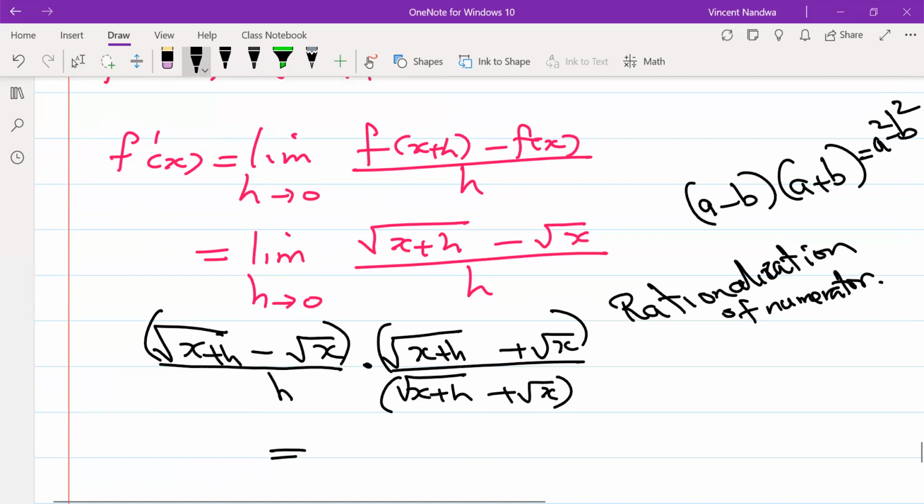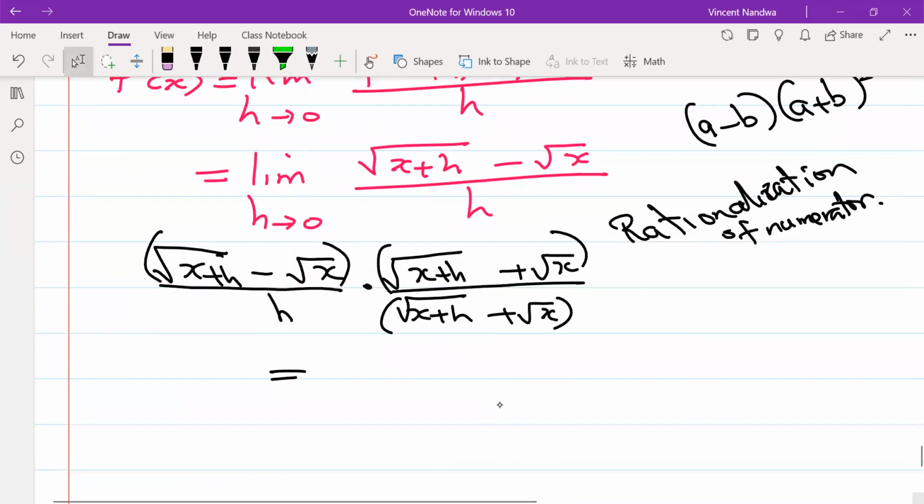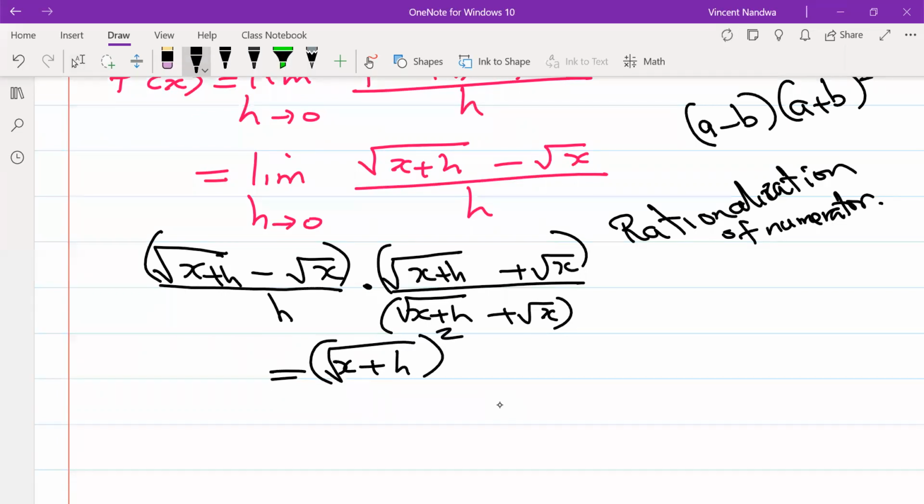So if you have to put a square, we put a square root. Okay, so let's just simplify at once.